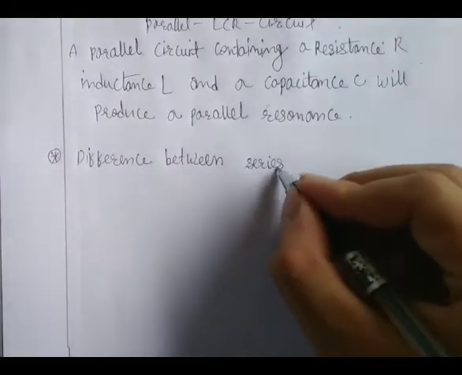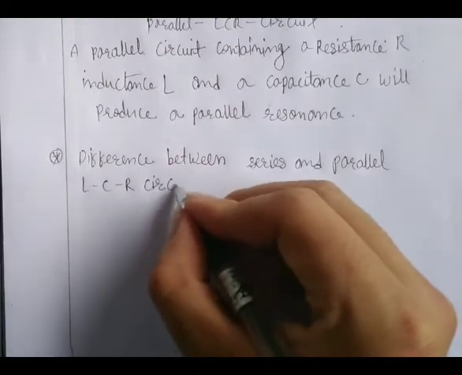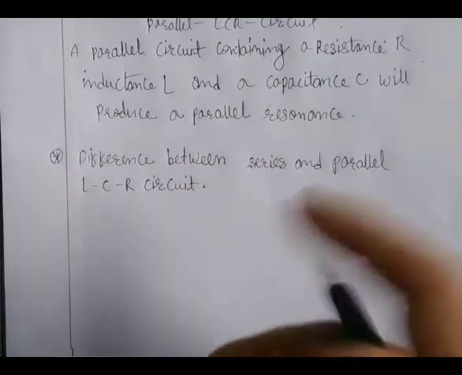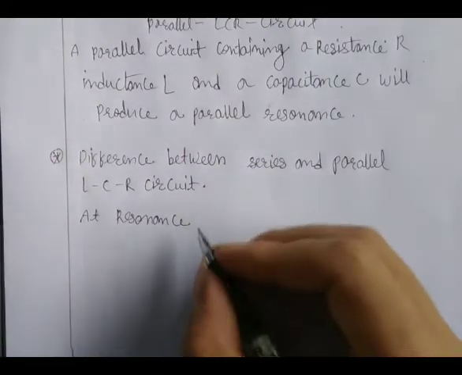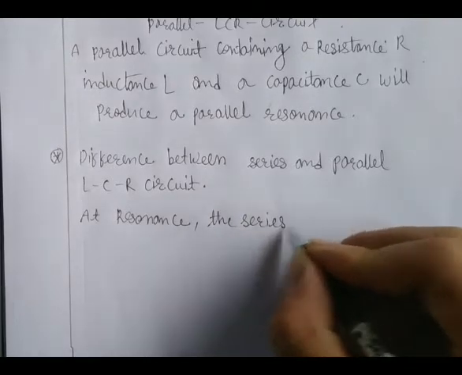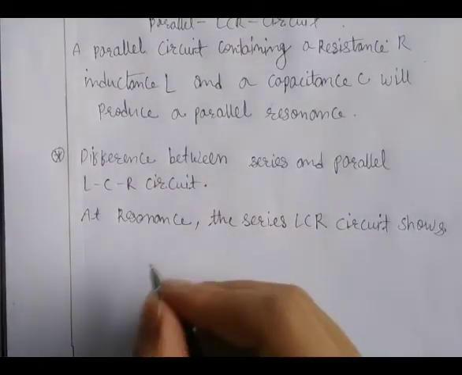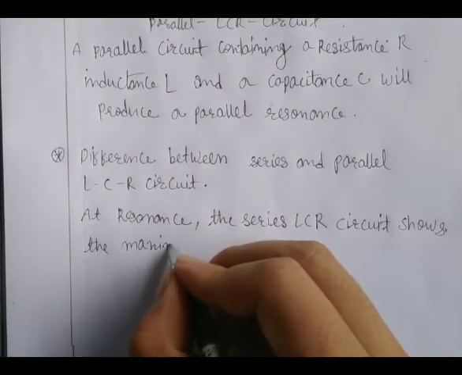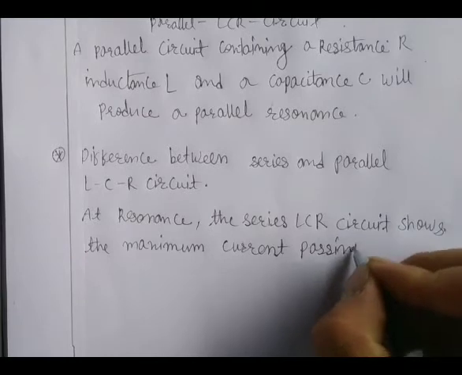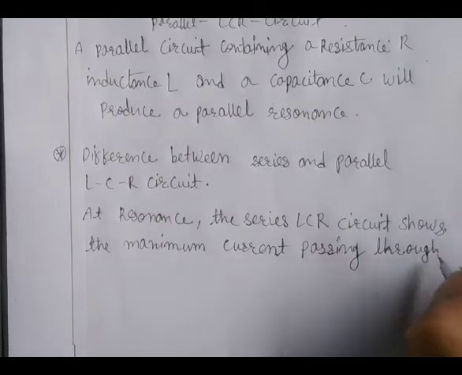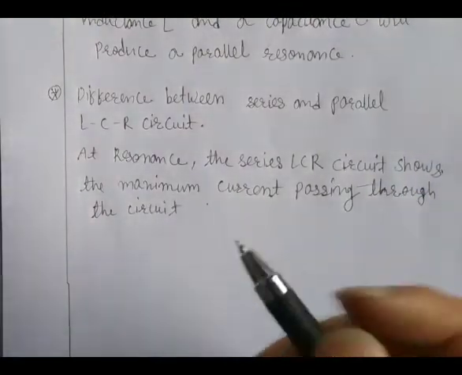At resonance, the series LCR circuit shows the maximum current passing through the circuit, and the parallel LCR circuit is just opposite.